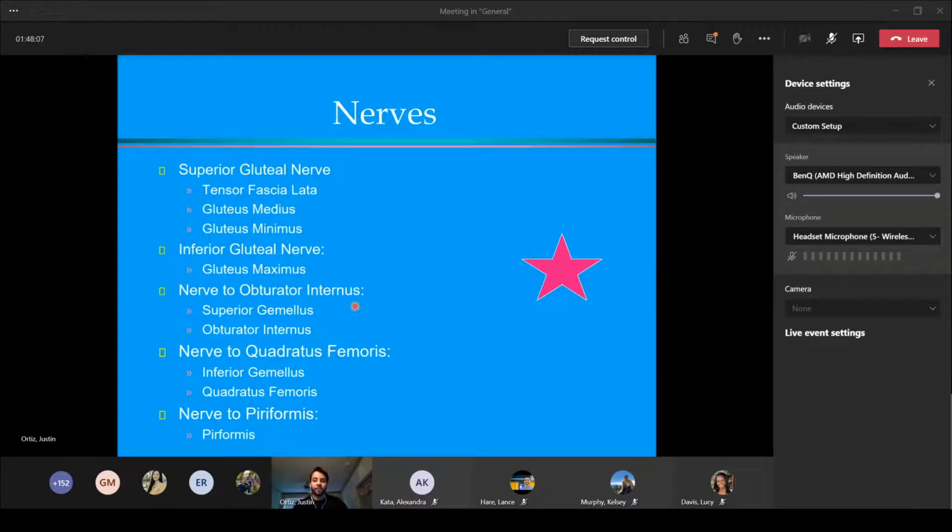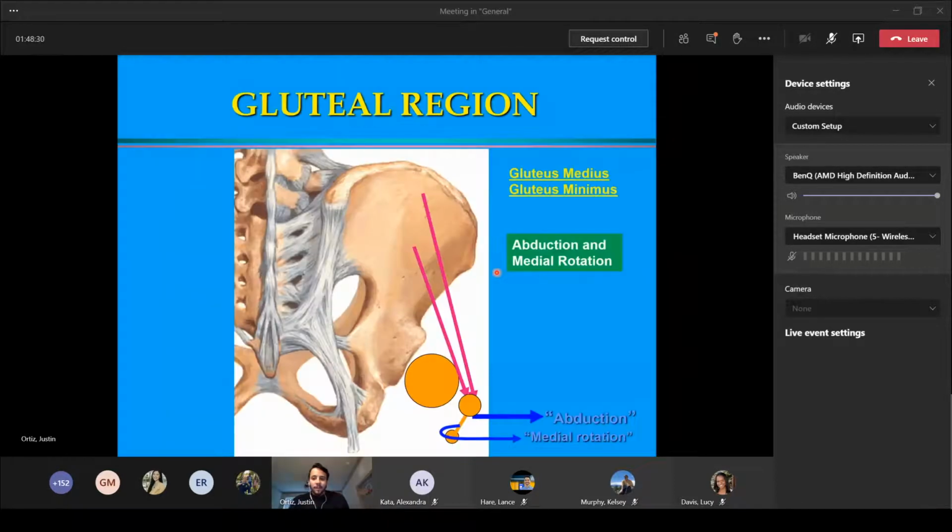Nerve to obturator internus gets obturator internus and the muscle above it, superior gemellus. Nerve to quadratus femoris gets the quadratus femoris and the muscle above it, inferior gemellus. And then nerve to piriformis gets the piriformis. I put a little chart because he throws in all the nerves, but I wanted you guys to understand which ones go to which muscles.